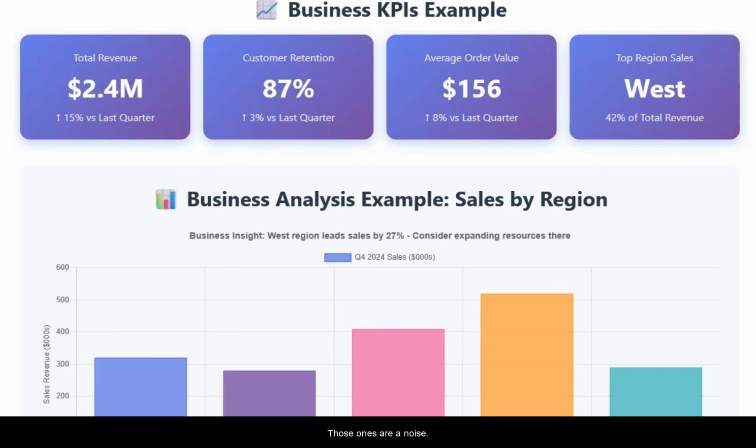Those are noise. If it's not the chart or the graph, every other thing is noise. And remember, when you create your chart, there must be a title, the x-axis, the y-axis, and the legend. Do not include column statistics. It's not a chart. It has no story to tell the business manager.